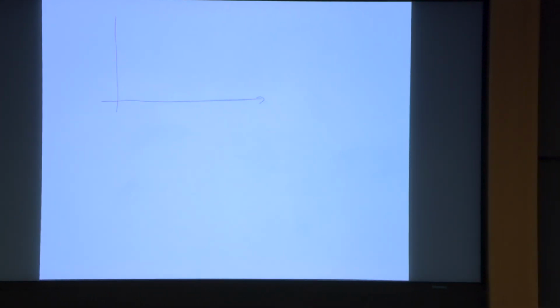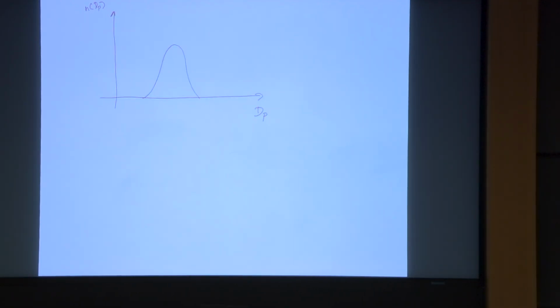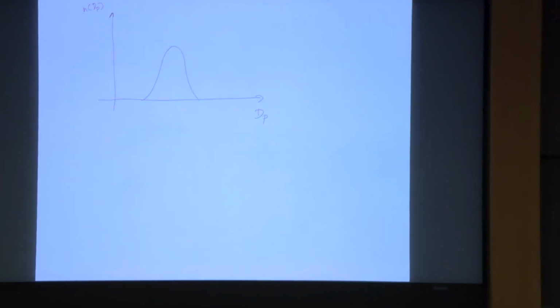Again, here's our diameter, dp, our n of dp. Start out with a size distribution that looks like this. We talked about condensation. Now let's circle back to just coagulation.